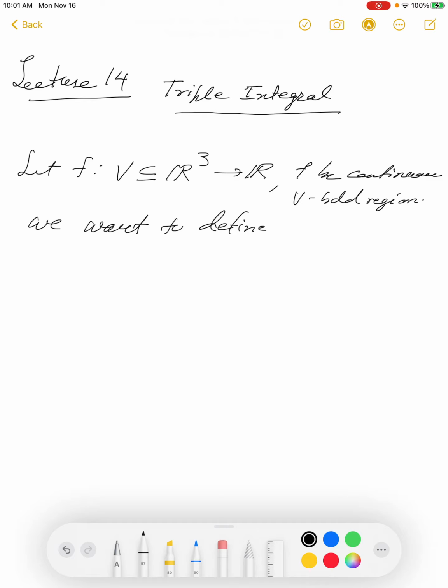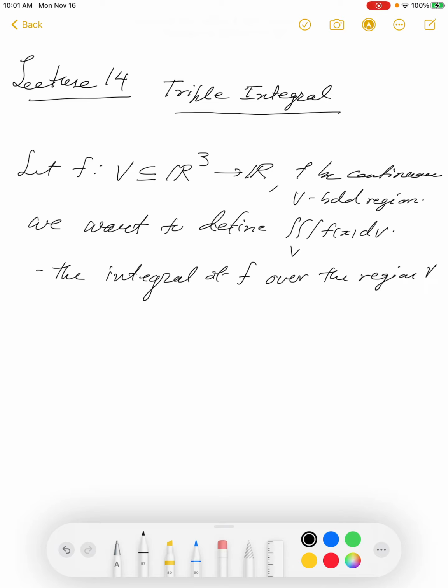So we want to define the integral of f on V, dV, the integral of f over the region V. So the definition is very much like what we saw in 2D.